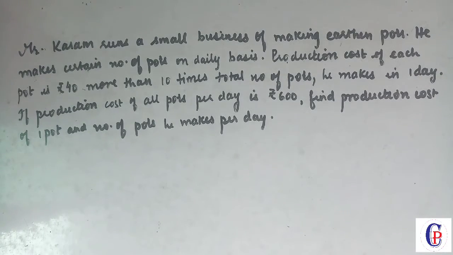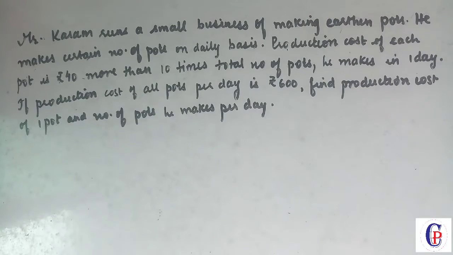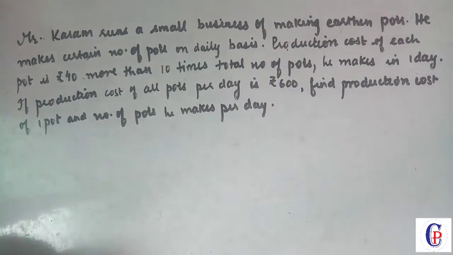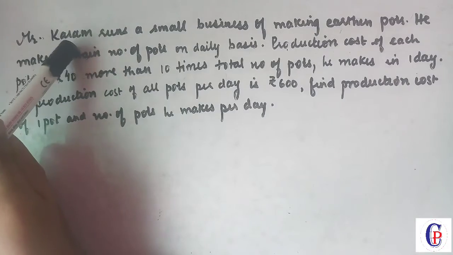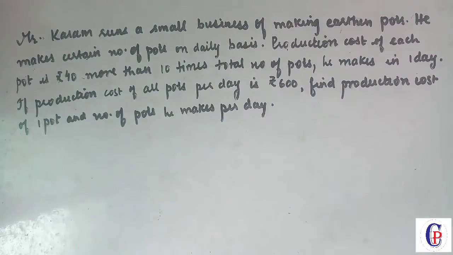So here comes a big question. Do not fear. It's good that the bigger the question, the more the information, and the easier it is for us to frame the equations. So it says Mr. Kasam runs a small business of making earthen pots.